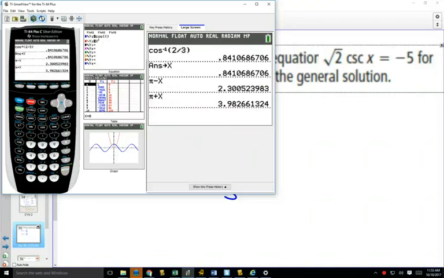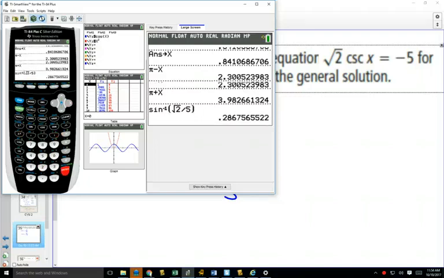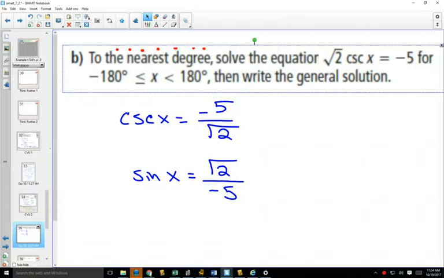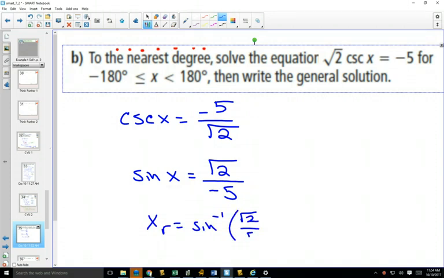I want to show you something that you can do. Let's say you do it in radians and you do sine inverse of root 2 divided by 5, because this is most likely what would happen. Again, it's the positive values here. You get 0.286, and at this moment you realize, oh shoot, I wanted to find my reference angle, and I was supposed to be in degrees.